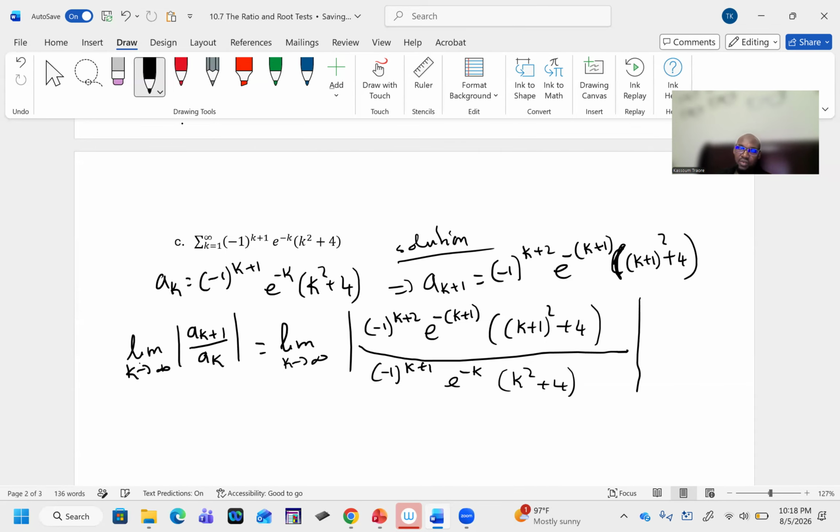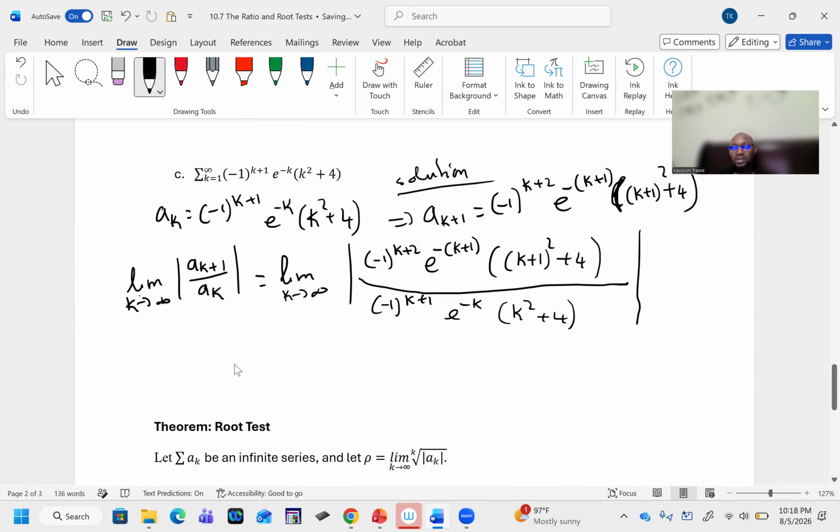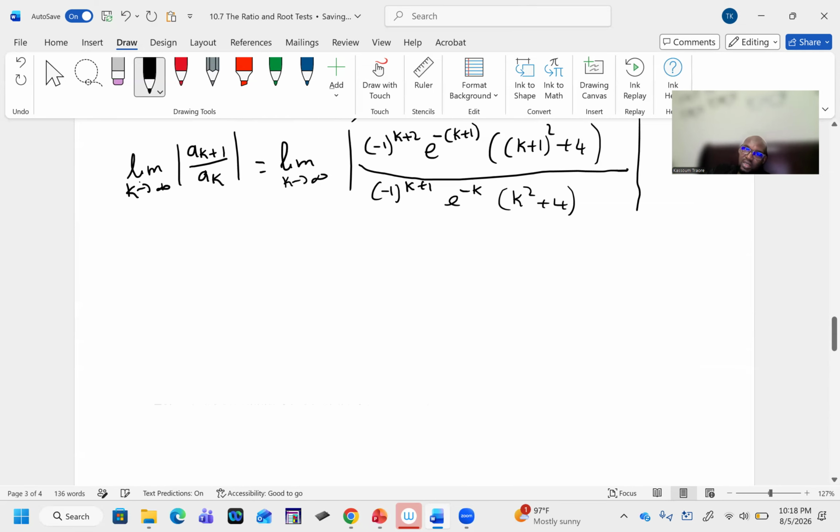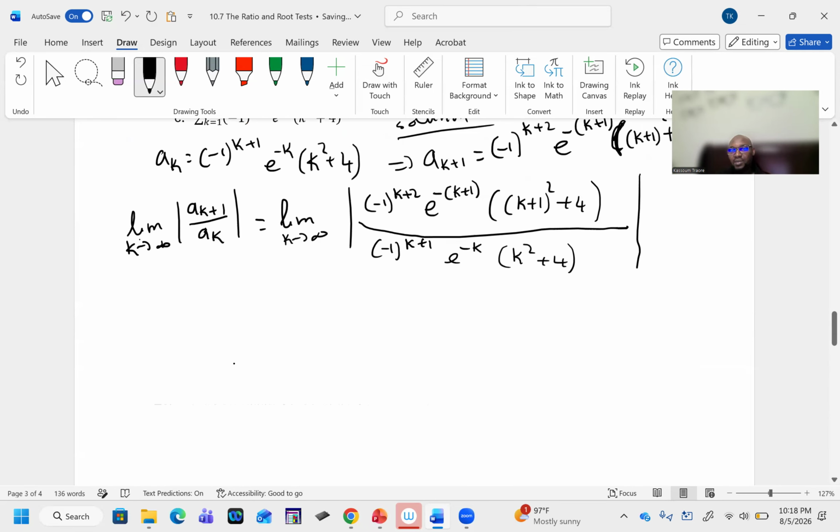Because of the absolute value, the negative 1 to the power of k plus 1 and negative 1 to the power of k plus 2 will cancel, right? Because of the absolute value.